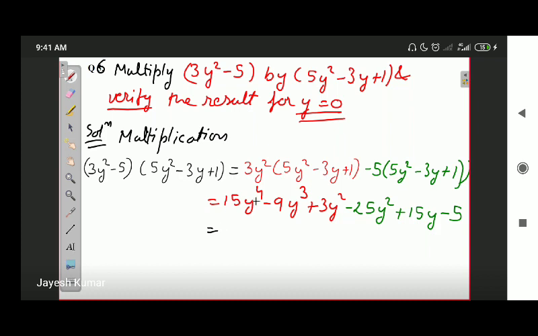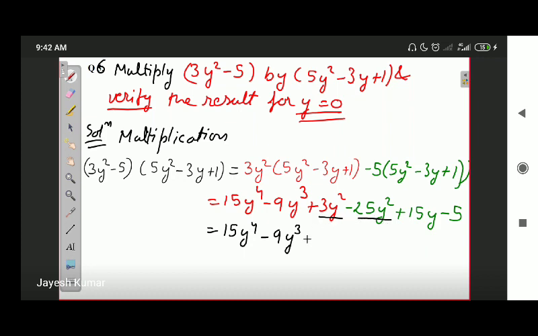Let us simplify this. 15y to the power 4. There is no other term with y to the power 4, so we will write it as it is. Minus 9y cube. Is there any other term with y cube? No. So minus 9y cube comes as it is. Then we have y square. We have two terms of y square. One is 3y square. Another one is minus 25y square. So both of these are like terms.